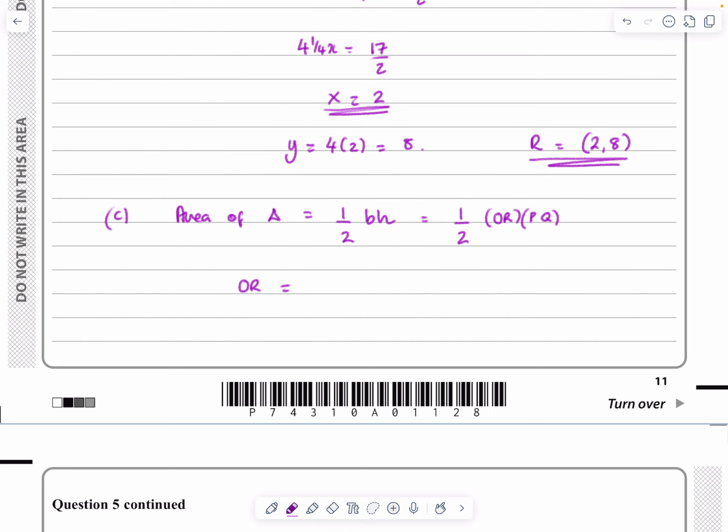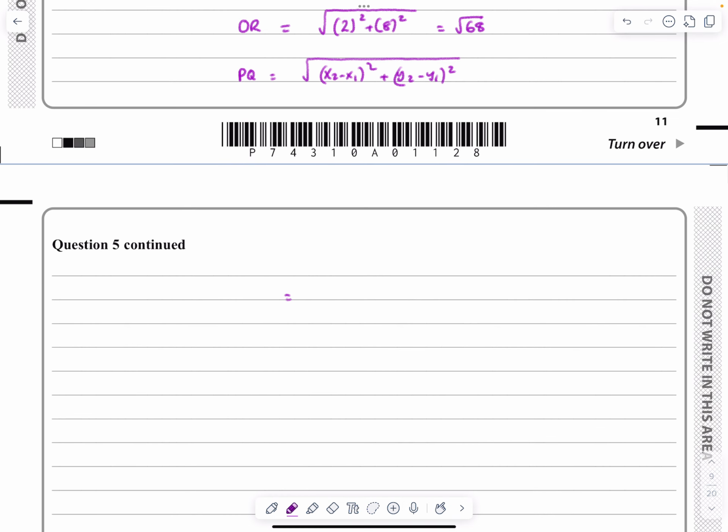So OR is just going to be the square root of 2 minus 0 squared and 8 minus 0 squared. Well, that's just going to give me that, isn't it? That works out to be equal to root 68. Leave it in terms of surds until we finish the whole thing. And then PQ is going to be the square root of, using the same formula, x2 minus x1 squared and y2 minus y1 squared.